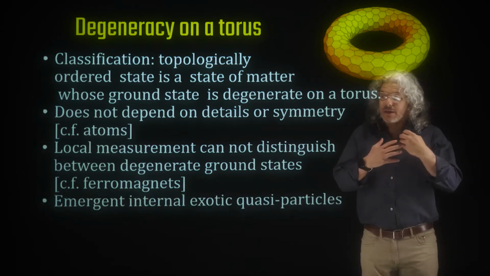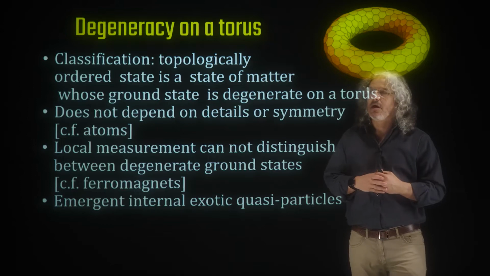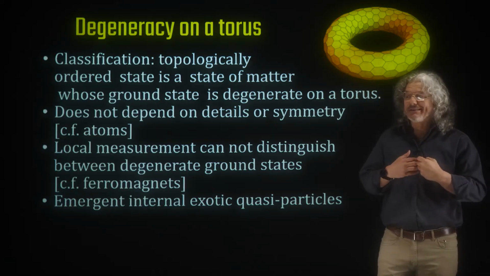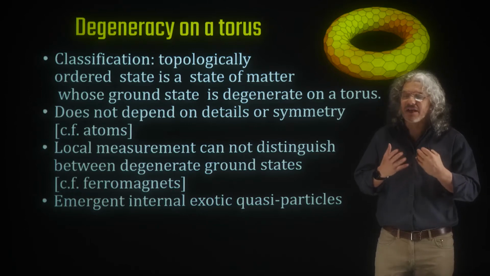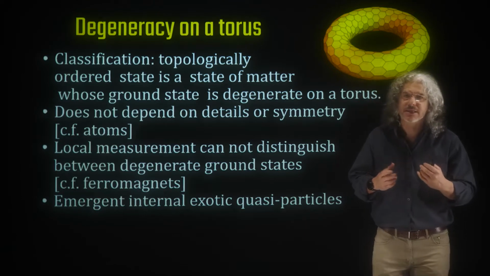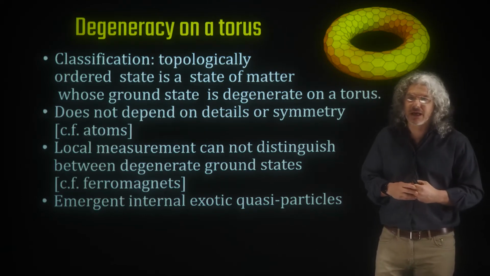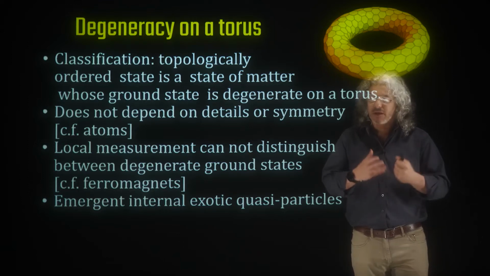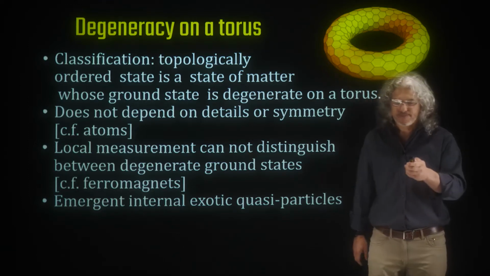Now, there is another important property of the topologically ordered state. There are emergent internal quasiparticles. We met some of them already in the fractional quantum Hall case or in the Kitaev spin liquid phase, where there were internal vortices in the system.